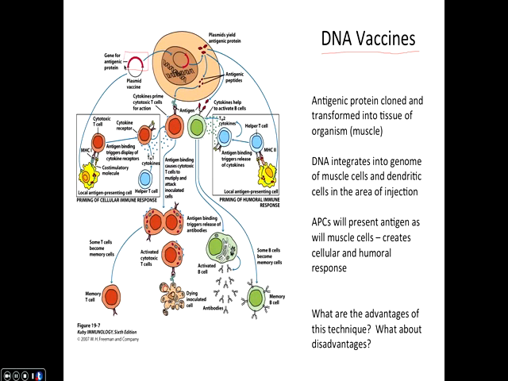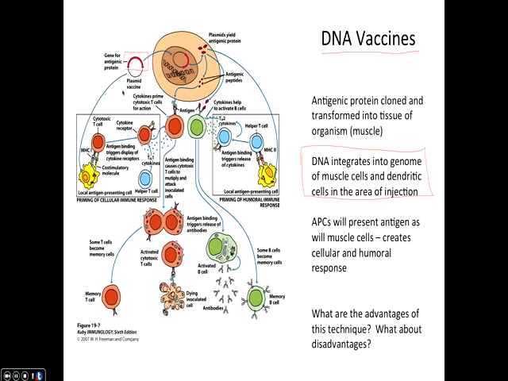When you clone those out, you can put them into a mammalian vector. All you have to do is get that DNA integrated into the genome of cells, muscle cells and dendritic cells, in the area of injection. So here's our particular plasmid vaccine.